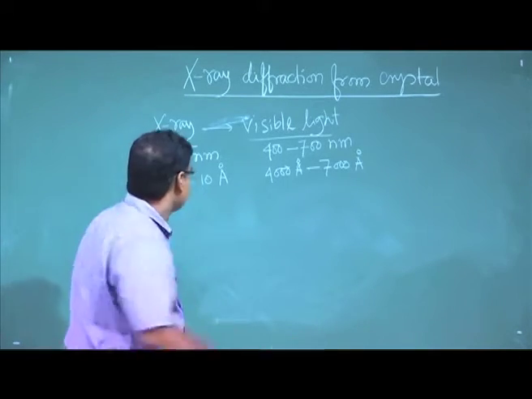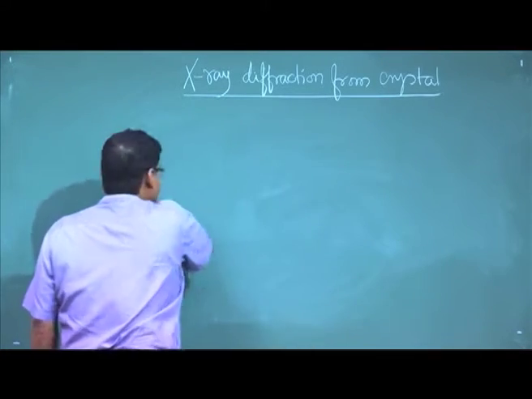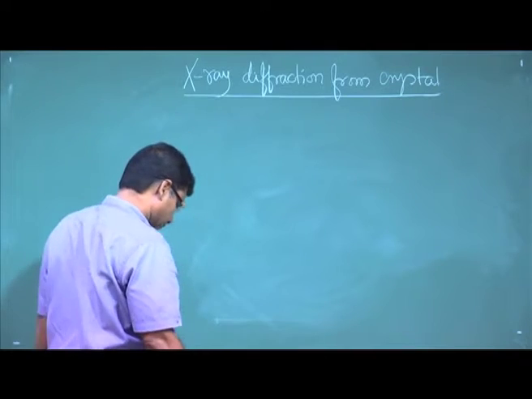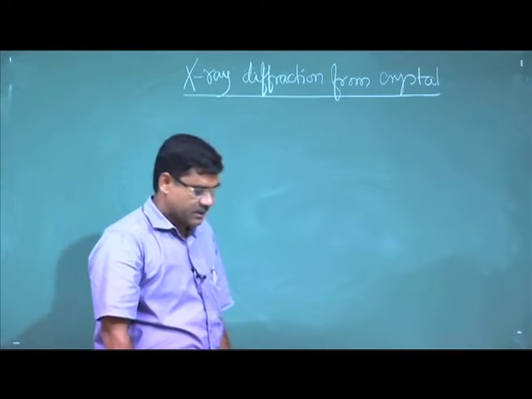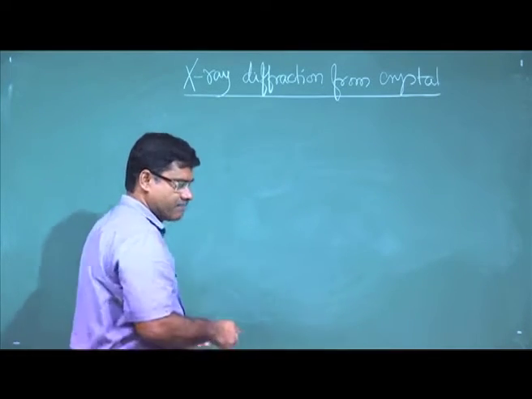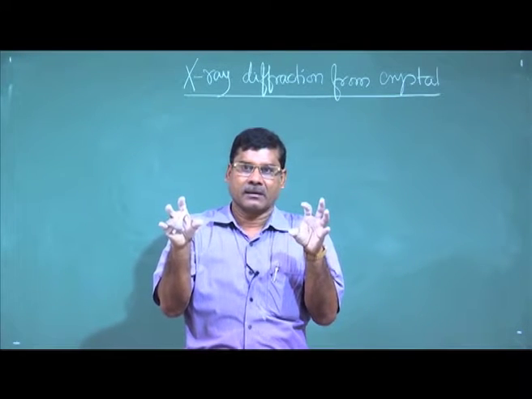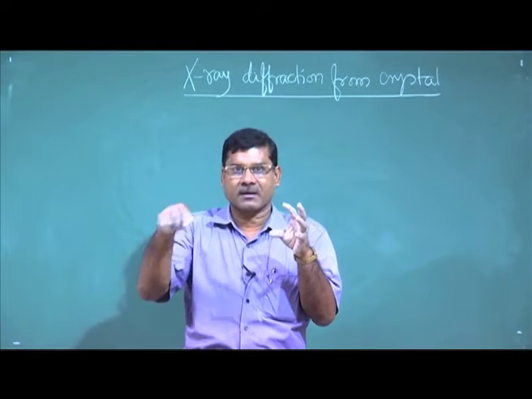In an X-ray machine, basically we have an X-ray tube. It is a vacuum tube, means air is taken out from that tube, right.